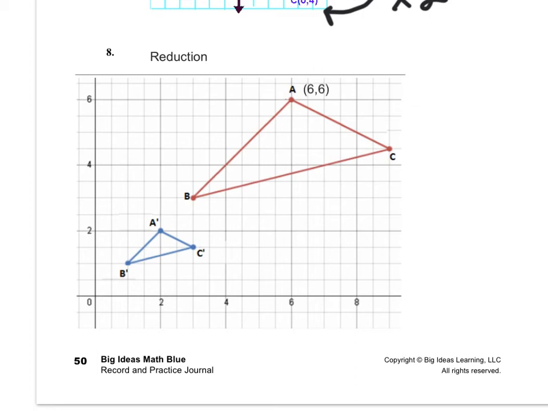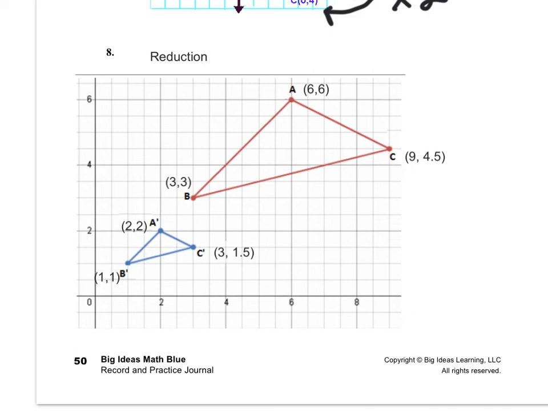A is at 6, 6. B is at 3, 3. C is at 9, 4.5. Now we need to identify the ordered pairs for the image. A prime is at 2, 2. B prime is at 1, 1. And finally, C prime is at 3, 1.5.